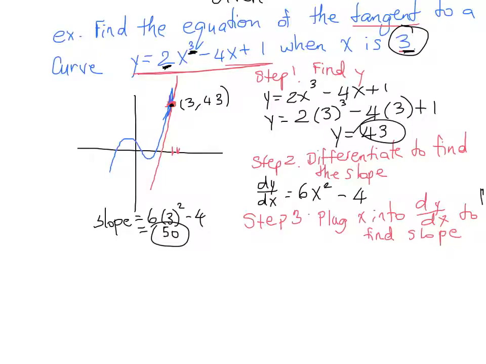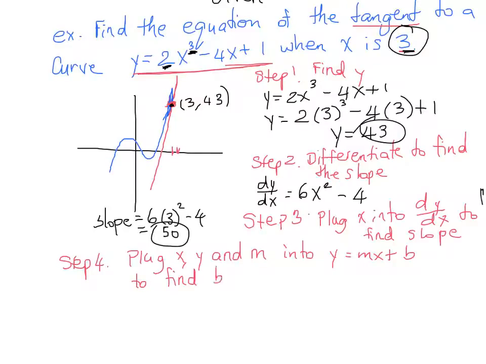It is finally our step 4. We're going to plug x, y, and m, remember m is the slope of a line, into y equals mx plus b to find the y-intercept, to find b.